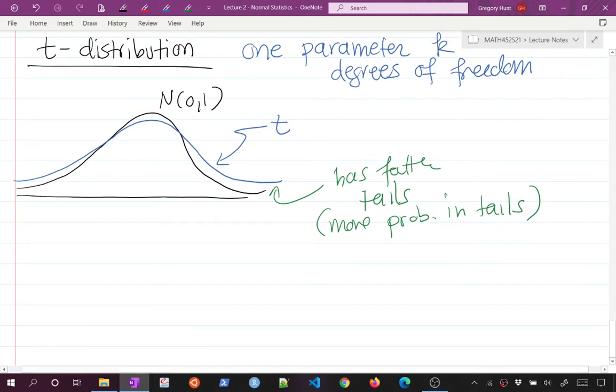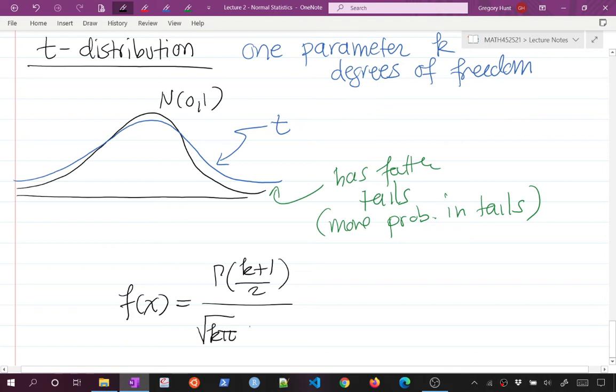Now, t-distributions have a PDF, so we can write out the PDF. It's pretty awful, and I'm not going to lie to you. I have to look up what the PDF of a t-distribution is. I'm going to write it down. Hopefully you will then immediately forget the PDF of the t.